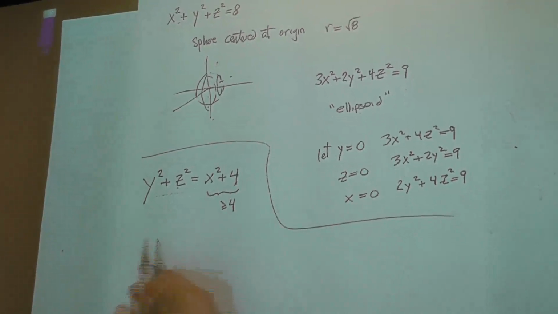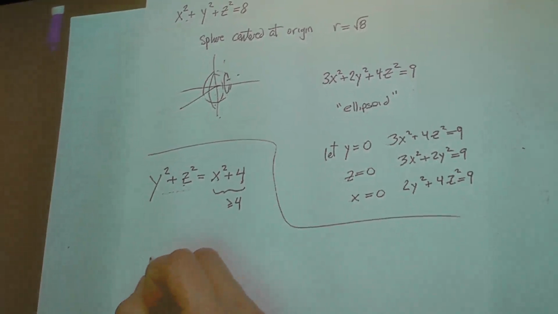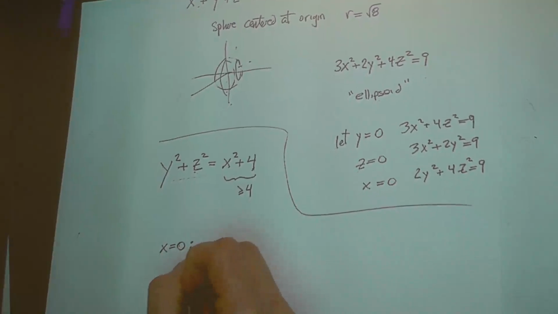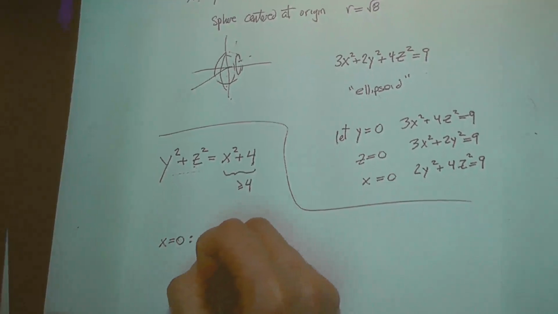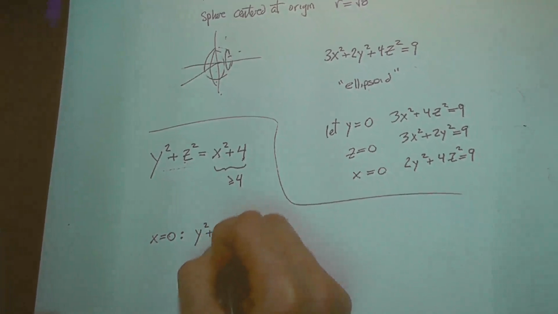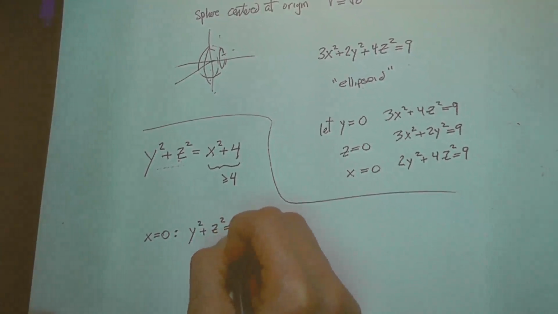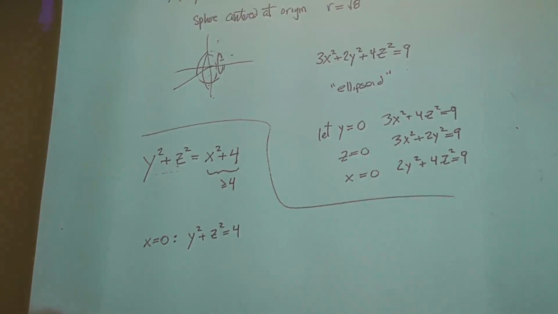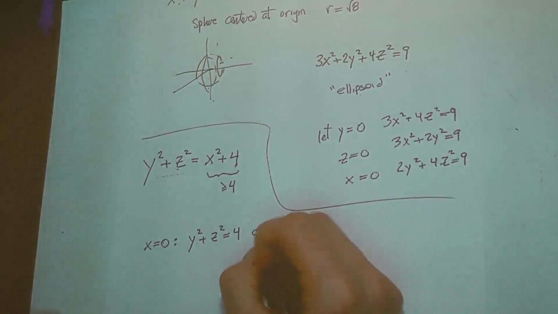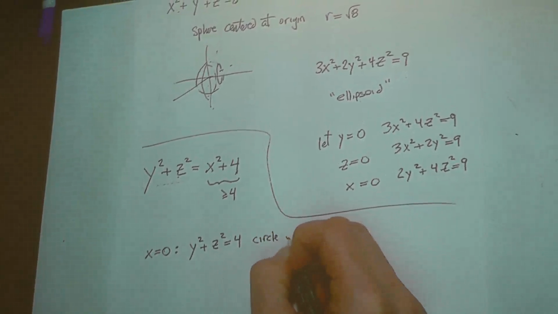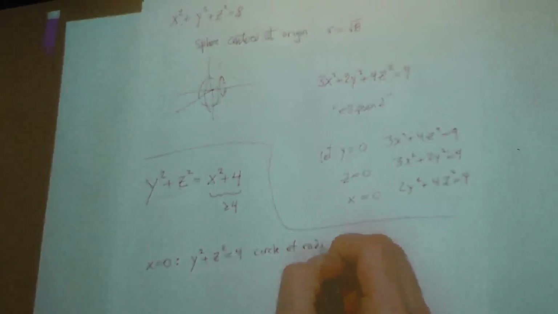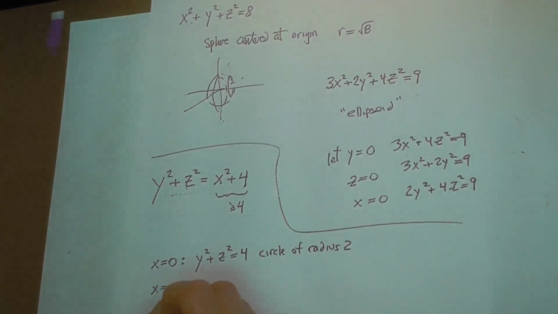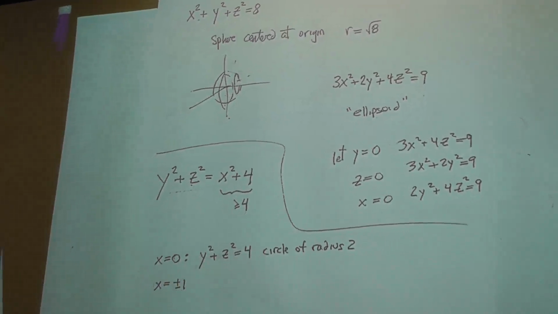Not a trick question. Okay, so let me look at a couple of things. Let x equal 0, in which case I have y squared plus z squared equals 4. That is a circle of radius 2. Let x equal plus or minus 1.